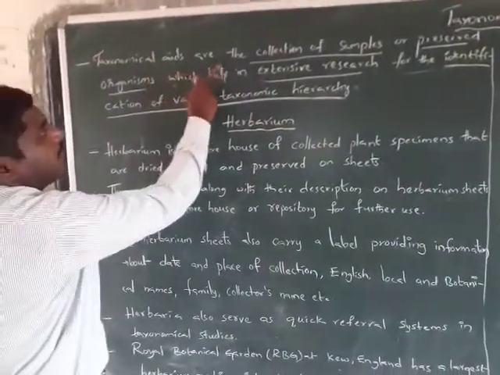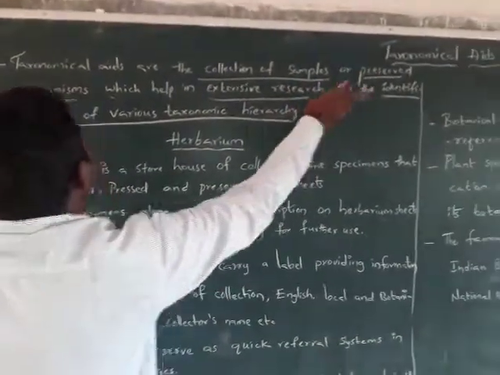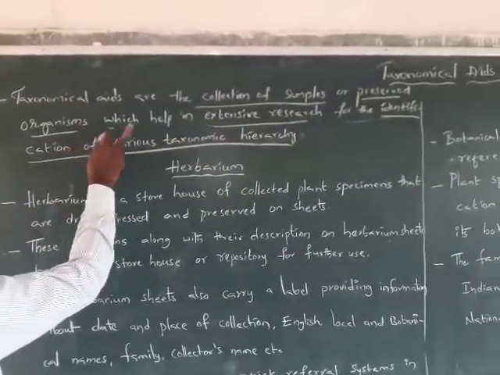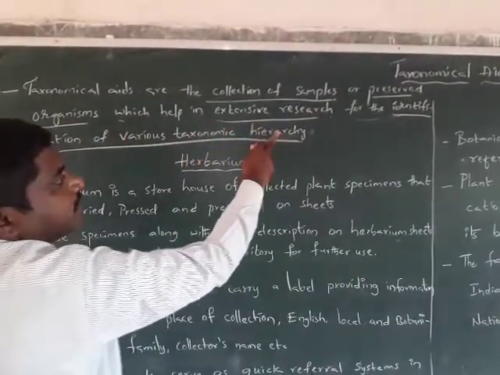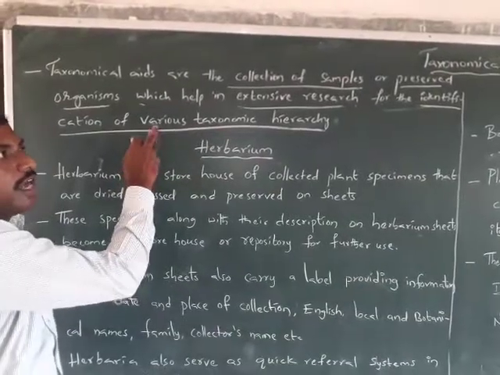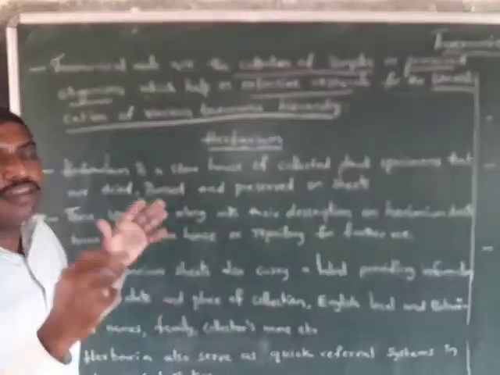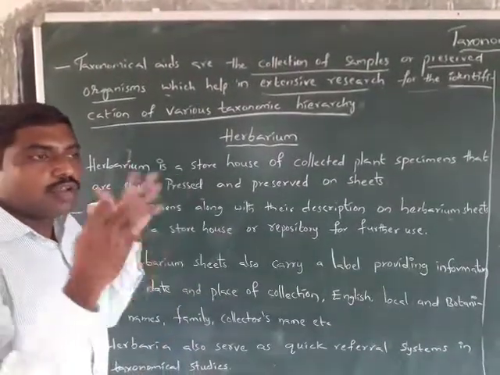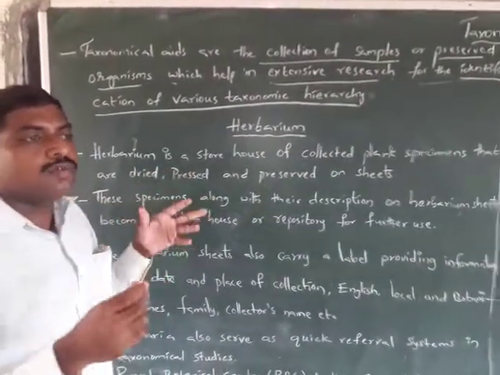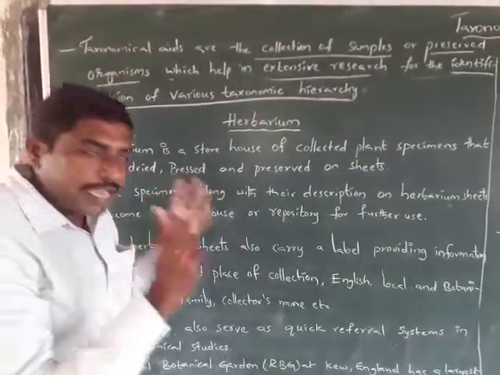This means that taxonomical aids are tools to identify organisms, which may be unknown organisms or unknown plants. We have to identify them by using these taxonomical aids.